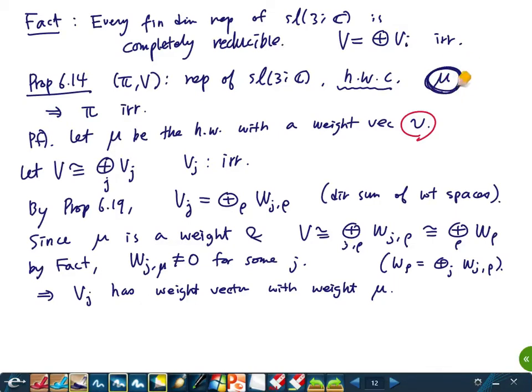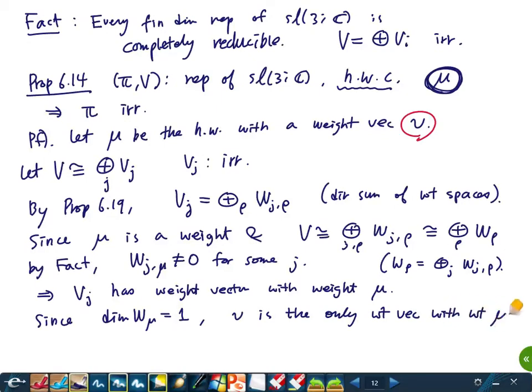It's 1. So since the dimension of the weight space corresponding to mu is 1, v is the only weight vector with weight mu. We know this. And V_j contains such a weight vector. That means v must be in V_j. Okay?